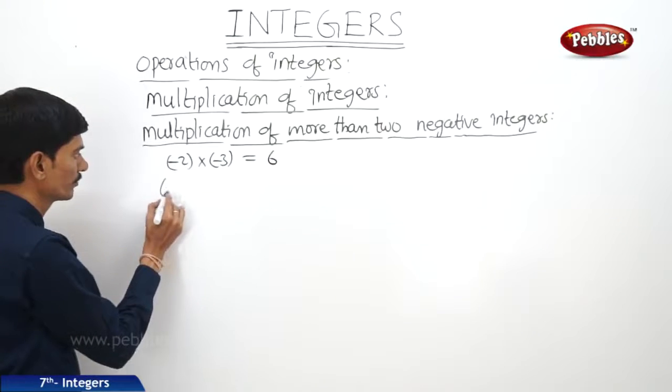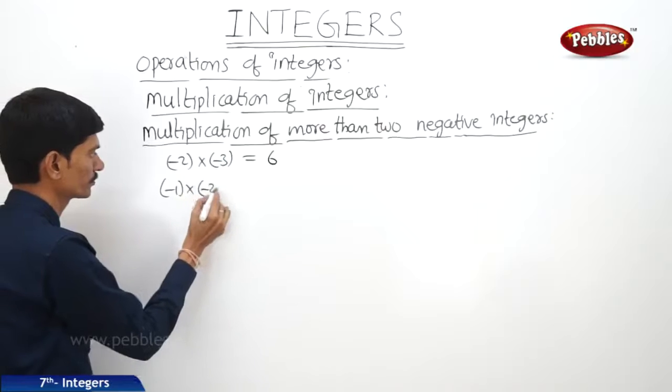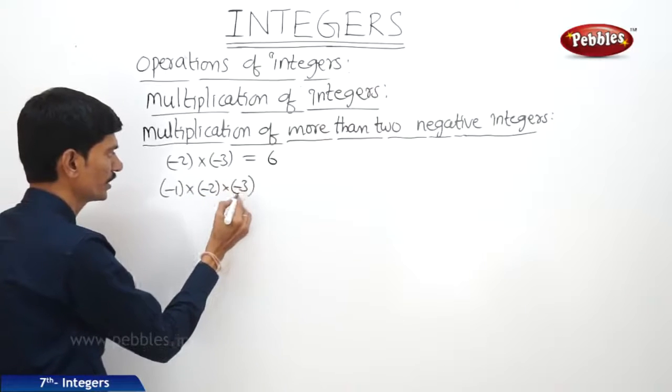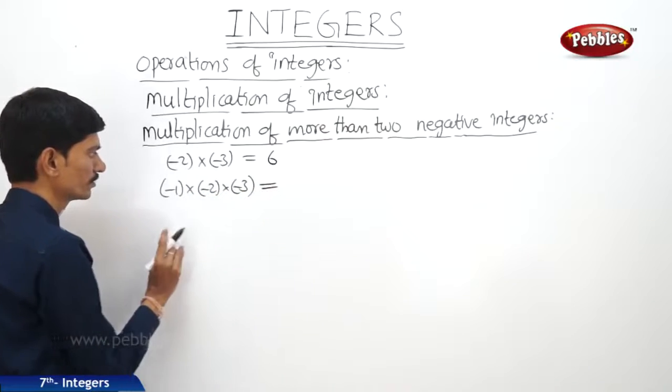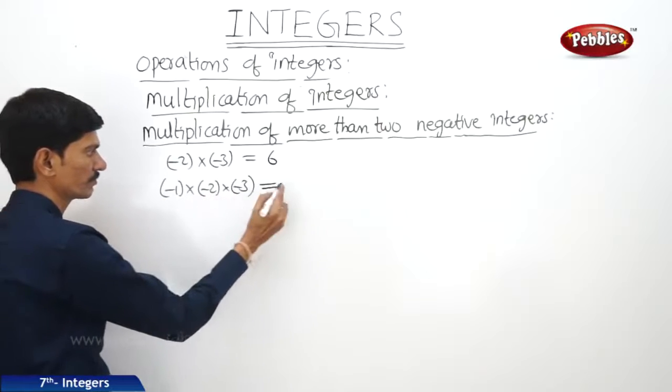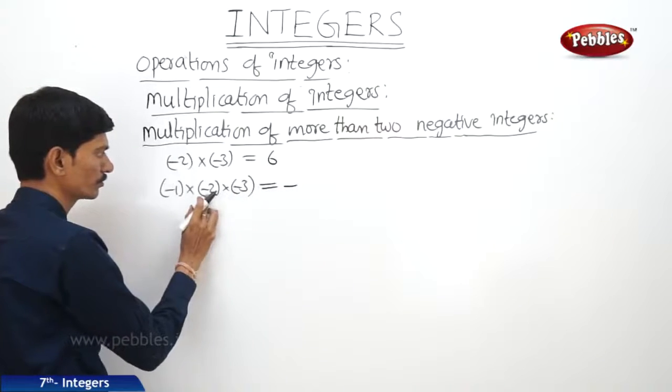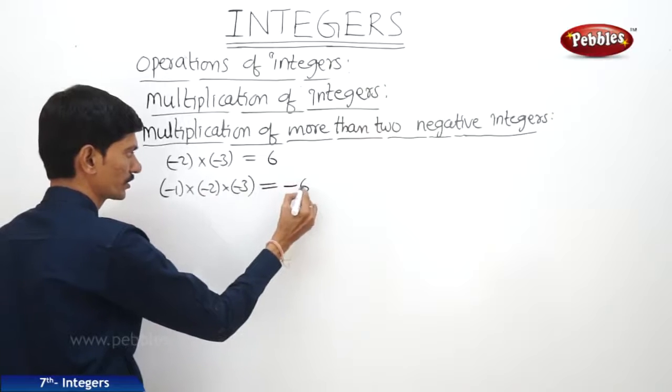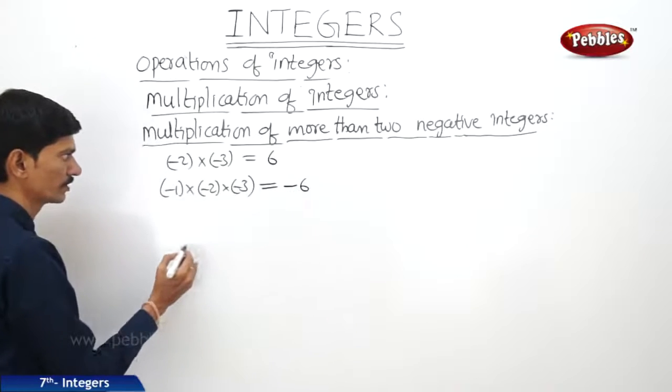And when minus 1, minus 2 and minus 3, three negative integers, are multiplied, then here minus into minus is plus, and plus into minus is minus, and 1 2s are 2, 2 3s are 6. The product is minus 6, a negative integer.